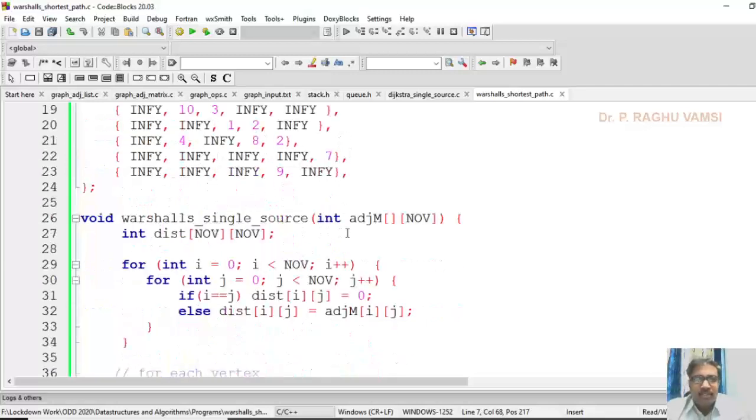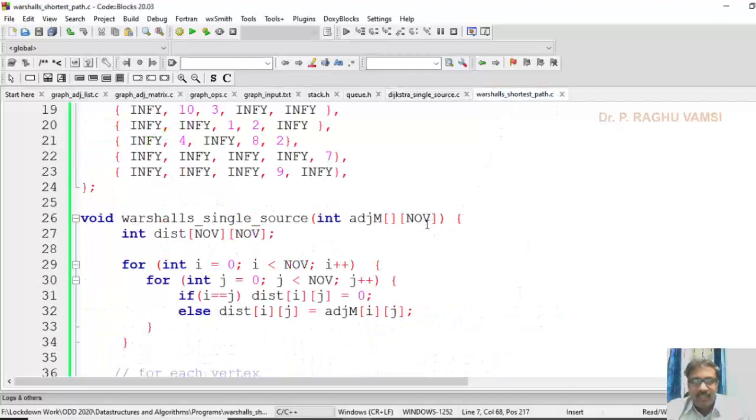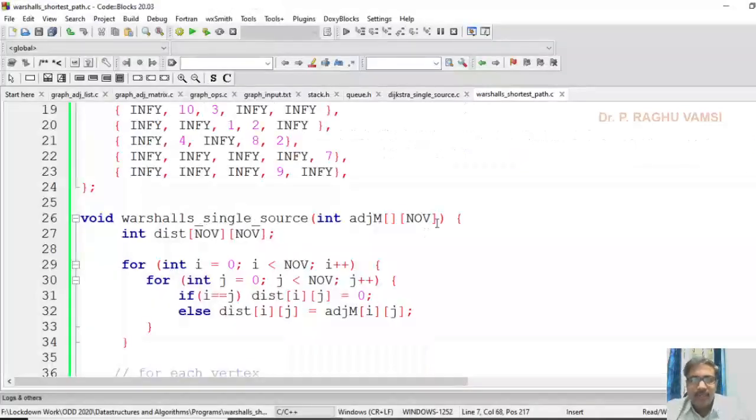Floyd-Warshall underscore single source. In the previous Dijkstra algorithm, we needed to give a starting vertex, but here I am not giving a starting vertex because it was not mentioned in the algorithm; we are going to start straight away with vertex zero. So we need not mention anything here. Next, int distance of number of vertices by number of vertices. For i equal to 0, i less than number of vertices, i plus plus; for int j equal to 0, j less than number of vertices, j plus plus.